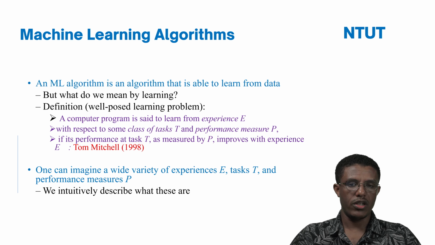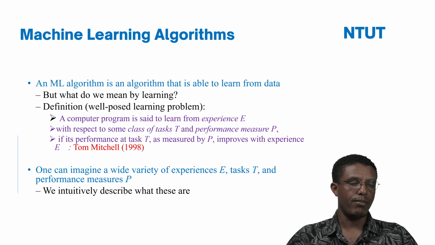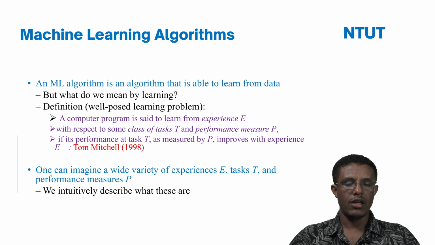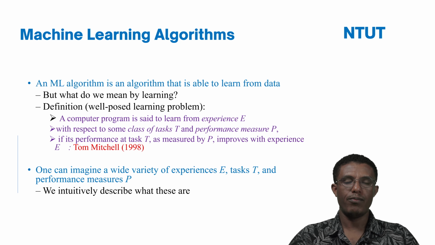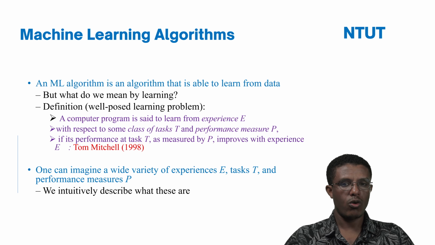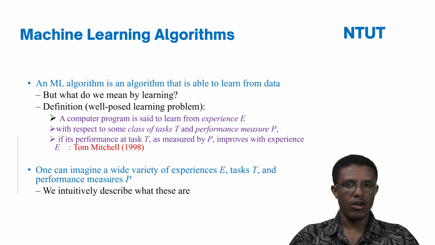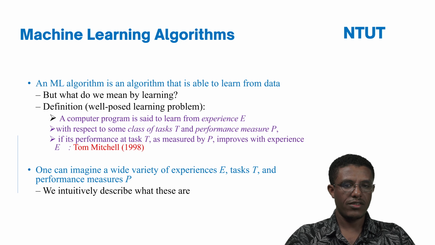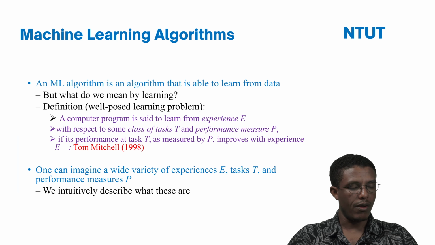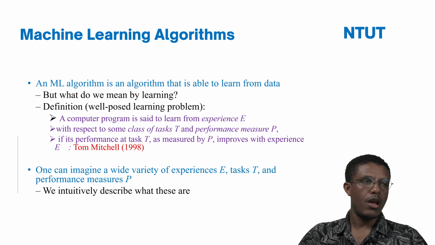A computer program is said to learn from experience E with respect to some class of tasks T and performance measure P. So learning is the connection between experience, the task, and the performance measure. Performance at task T, as measured by P, improves with experience.